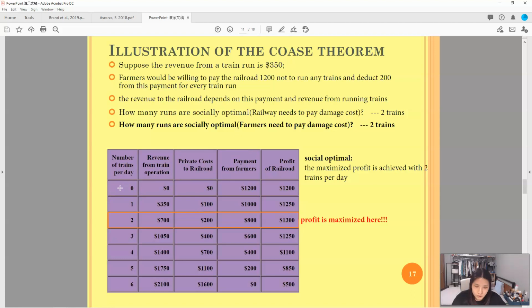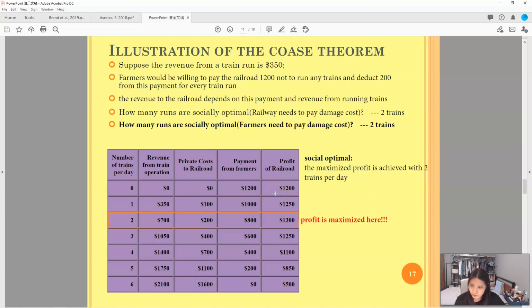If the number of trains per day is 0, if they decide to not run a train, then their revenue from train operation is 0. Their private cost is also 0. However, they can receive the payment from farmers, $1,200.